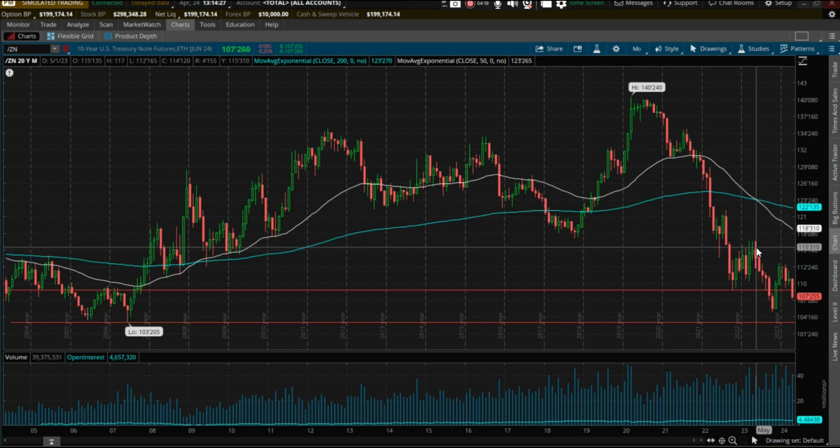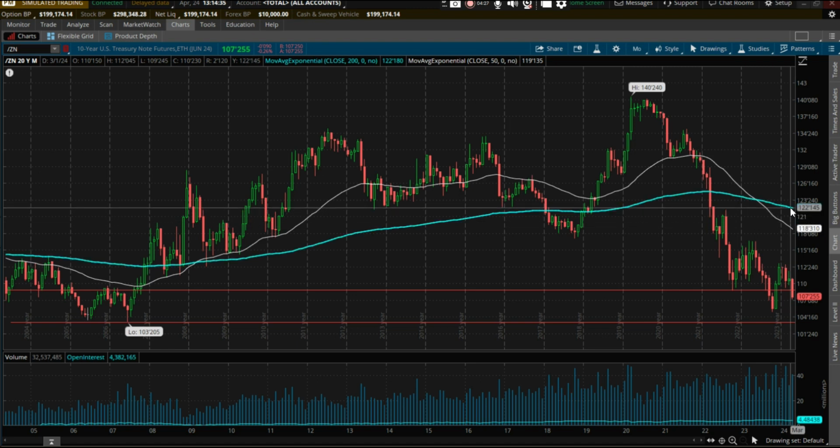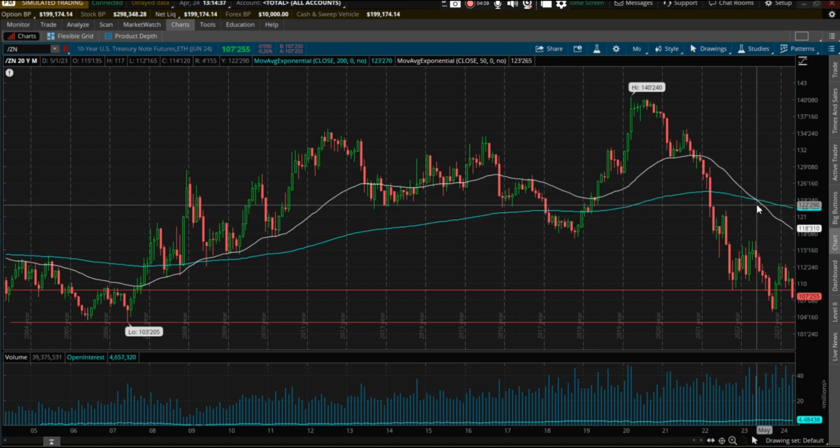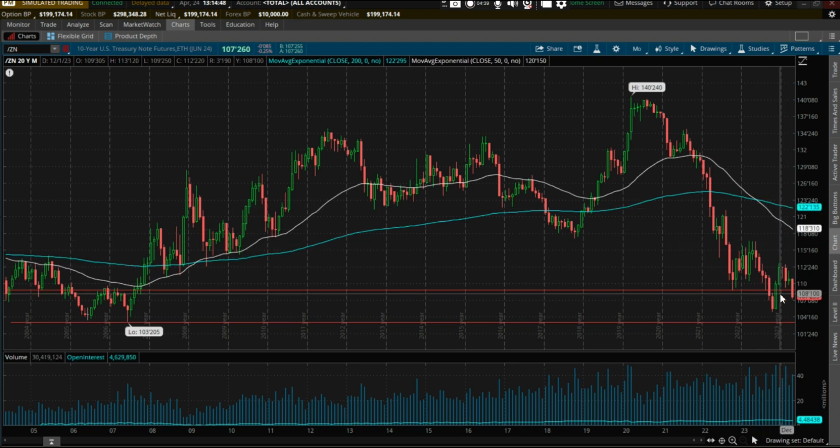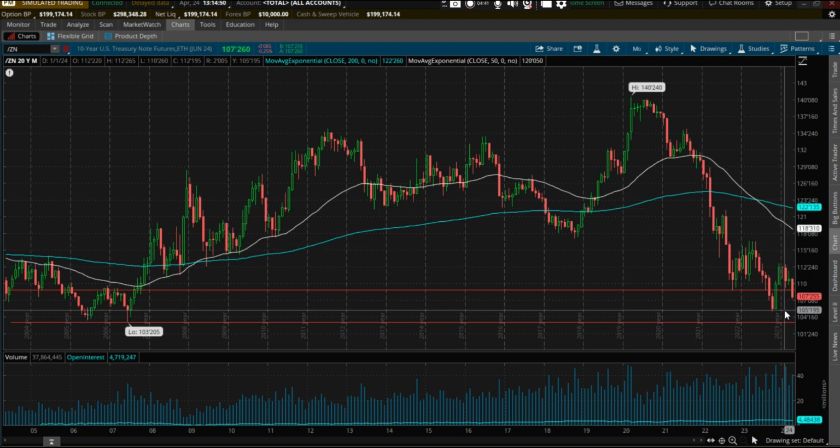And this is where they've said, okay, the rates are going to be staying up to stop inflation. And the 50-day just dropped way below the 200. And when they cross like that, where the 50-day goes below the 200, that's called a death cross. And so you just got to look out below here. If this keeps going down as far as price, that means rates will stay high, possibly go higher.